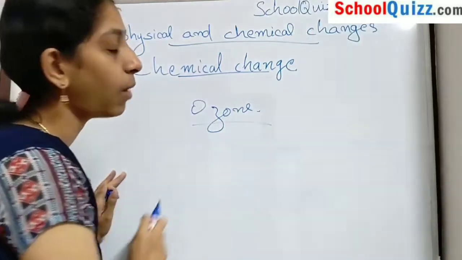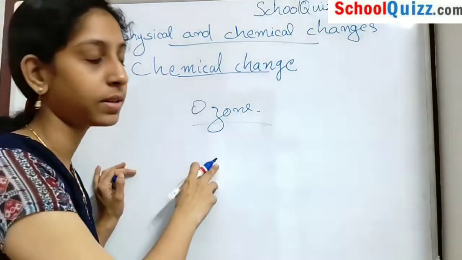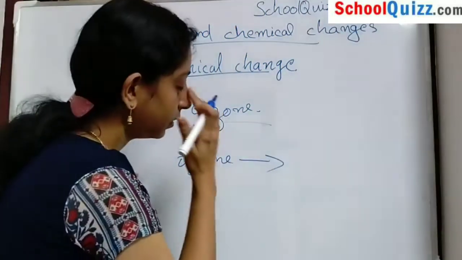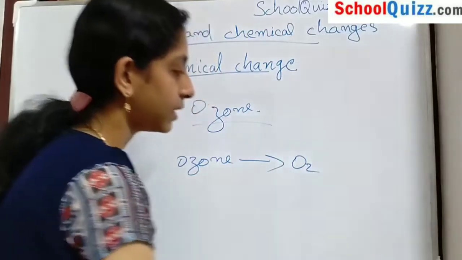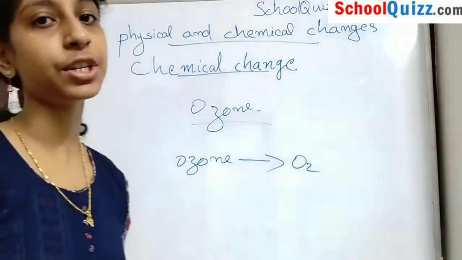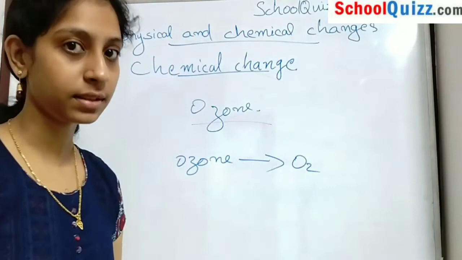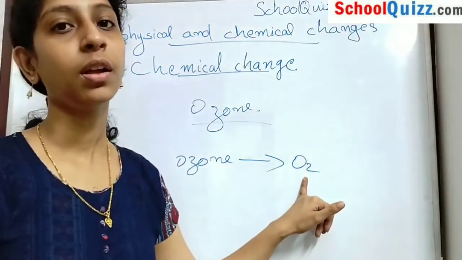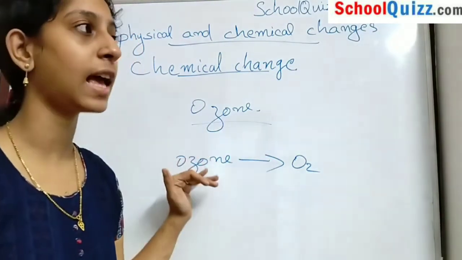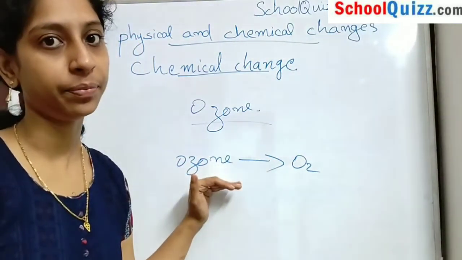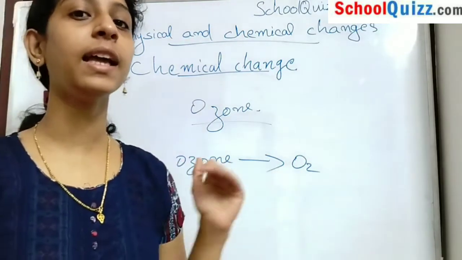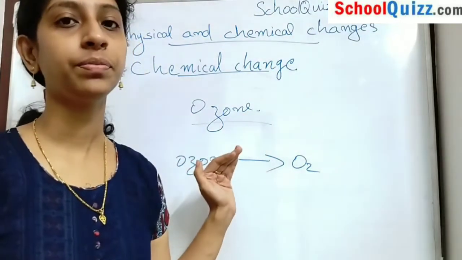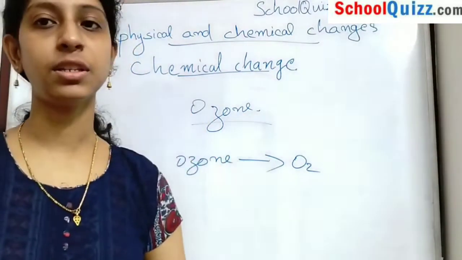Ozone is another form of oxygen. The radiation from the sun is absorbed by ozone and it is converted to oxygen. This is the chemical reaction that takes place in the ozone layer. Ozone acts as a natural protective shield. This is about chemical change.